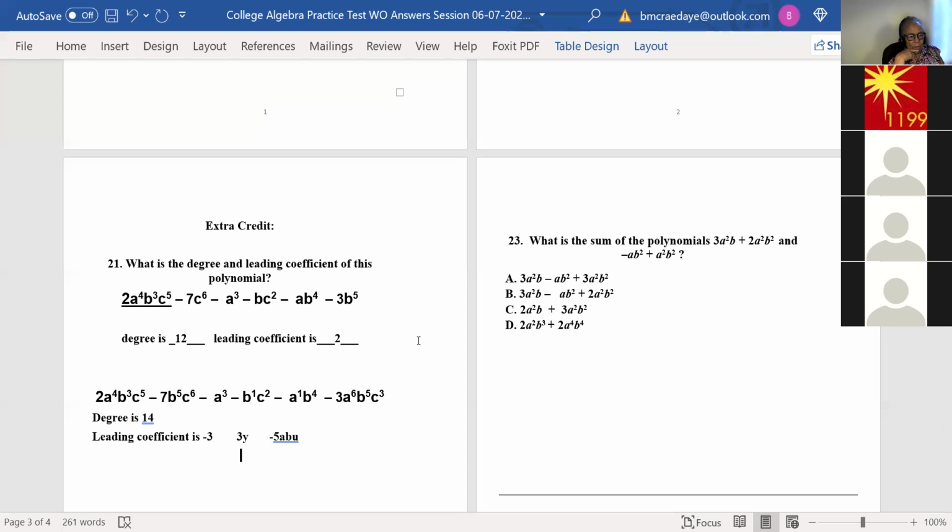Remember that variables are anything from A to Z. That's why you can let something be equal to a variable when you're doing problem solving, because you can use anything from A to Z, even though X is used probably more than anything else, but you don't have to use X. Any questions on degree, leading coefficient, polynomials, expressions?